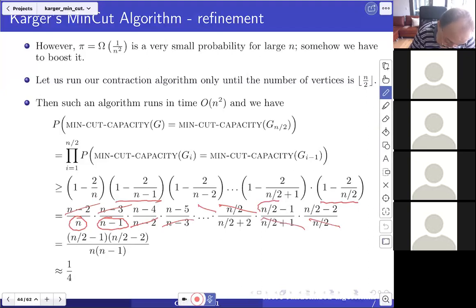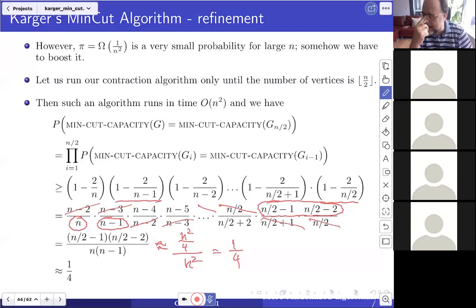So again, only the last two are left. But the last two are n over 2 minus 1 times n over 2 minus 2. So on top, you get something of the order of n squared divided by 4. On the bottom, it's of the order n squared. So this is 1/4. So notice, things go bad only when the graph gets small.